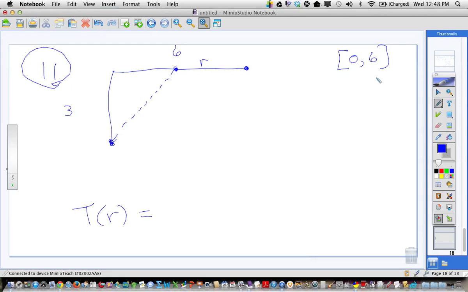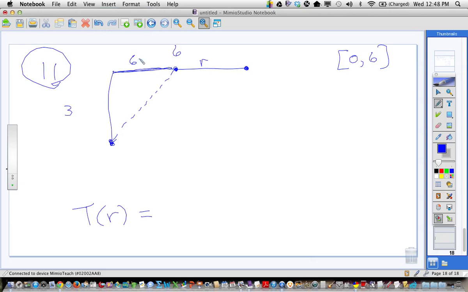Would be 6, because that's if he went straight up. Well, he could have gone backwards, but that'd be silly. Of course, this whole problem's kind of silly, so what the heck. Okay, anyway. Back to this. Now, what about this piece of my triangle? What can I label that?